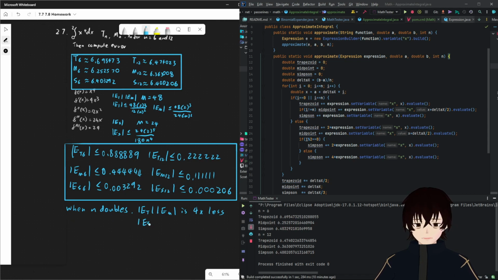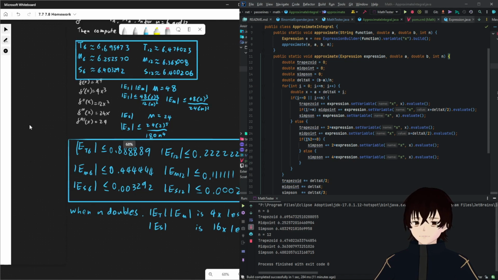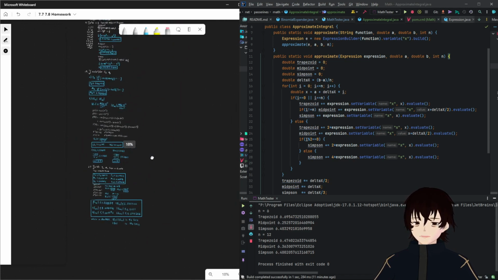And the error of Simpson's is 16 times less. Because this is n squared, this is n to the power 4. So if we double n, that's what happens. Alright, fantastic.